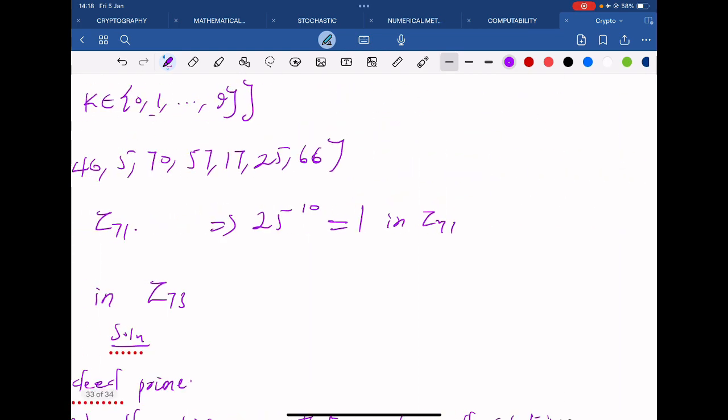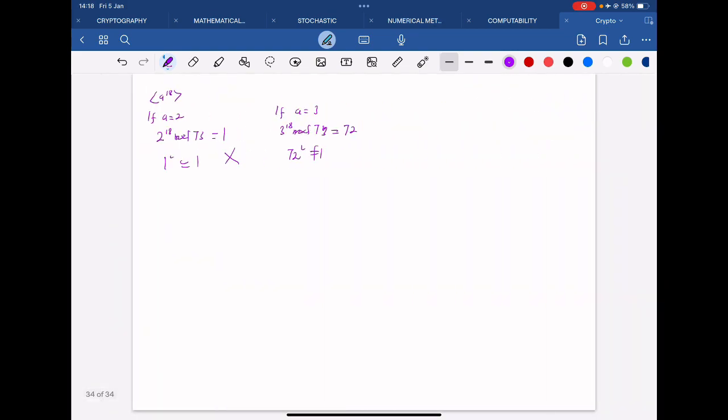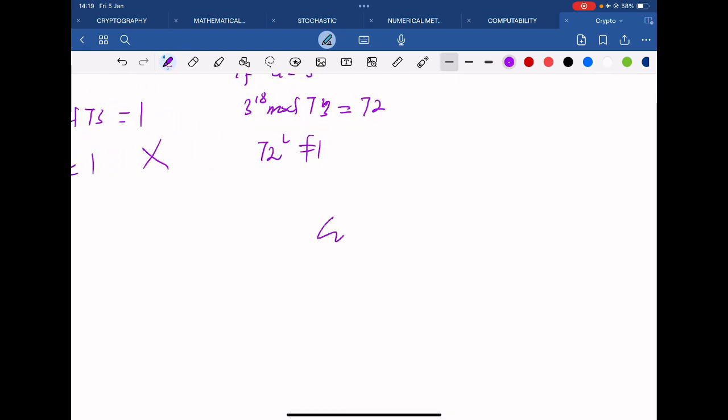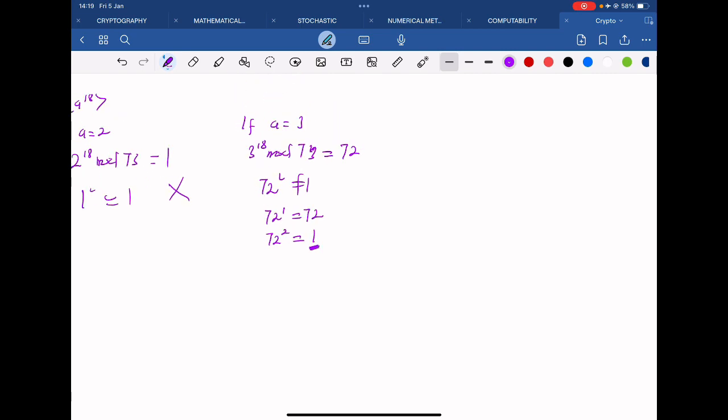Our L in this case, we have 1 and 2. So 72 raised to the power 1 is 72, but 72 raised to the power 2 over here is 1. And this is what we don't want. So this is also not a generator.